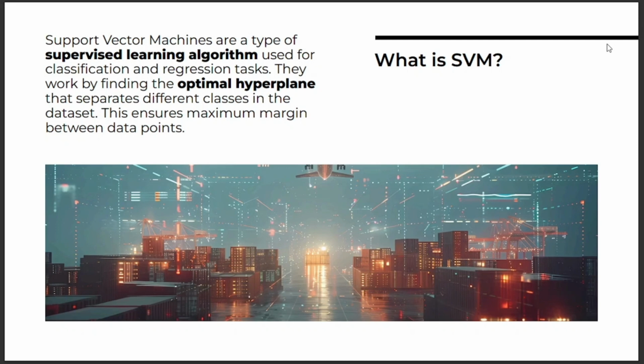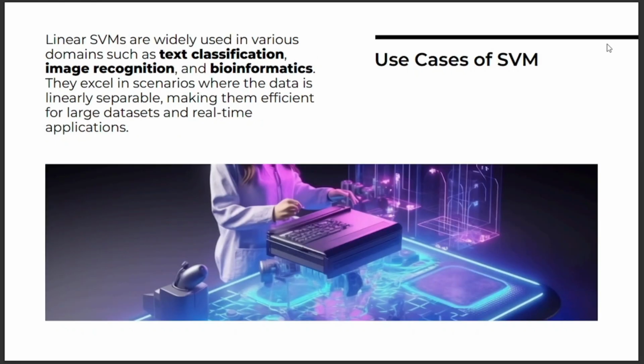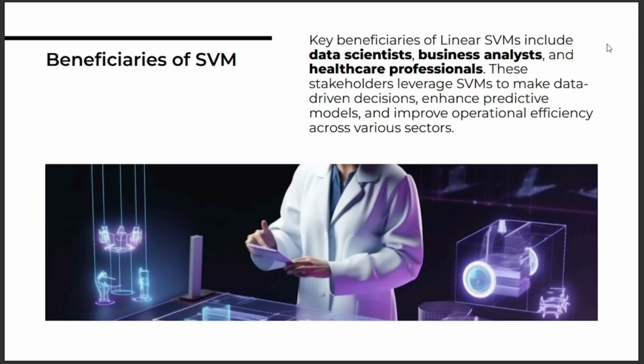Instead of just any line, it tries to find the line that maximizes the distance between the closest points of each class to the decision boundary. This margin maximization helps SVMs generalize better to unseen data, because the points are pushed as far as possible from the boundary. This idea of margin optimization is one of the key differences between SVMs and other linear classifiers like, say, logistic regression.